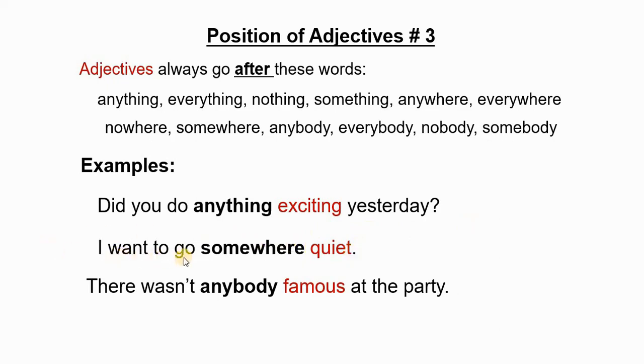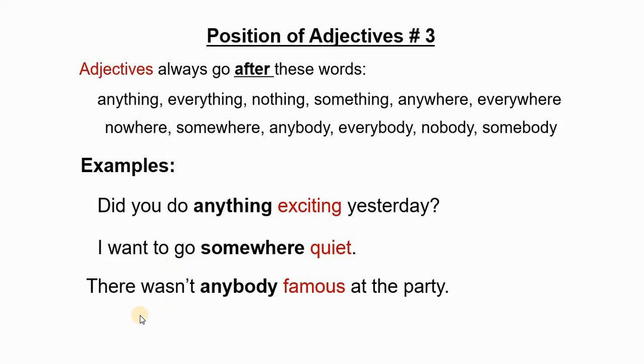I wanna go somewhere quiet. So, somewhere quiet. The adjective is after the word somewhere. So, we do not say, I wanna go quiet somewhere. No, that is wrong. That's the wrong order.